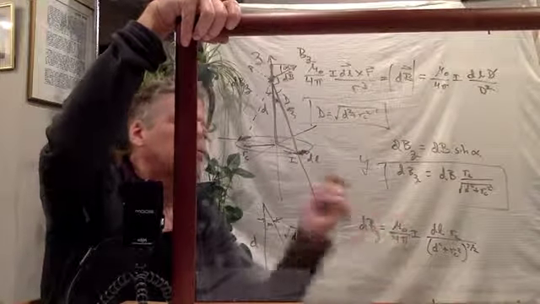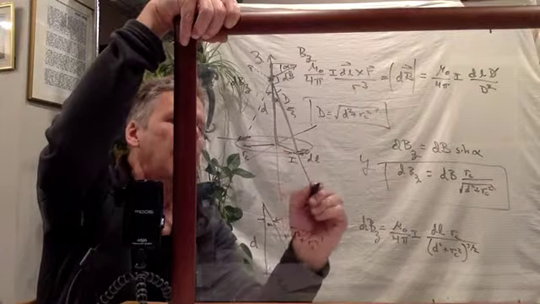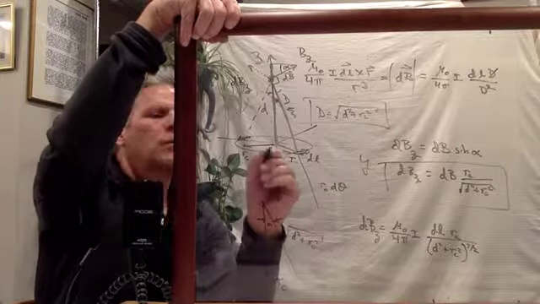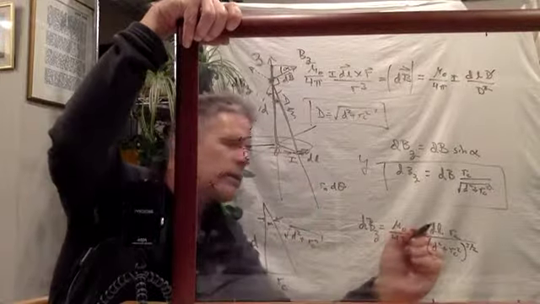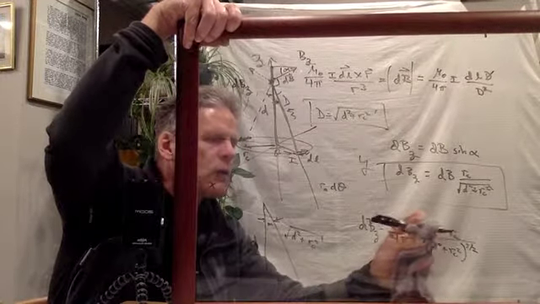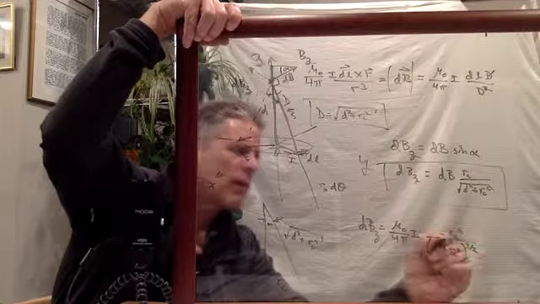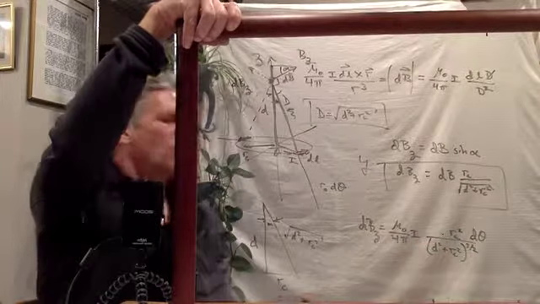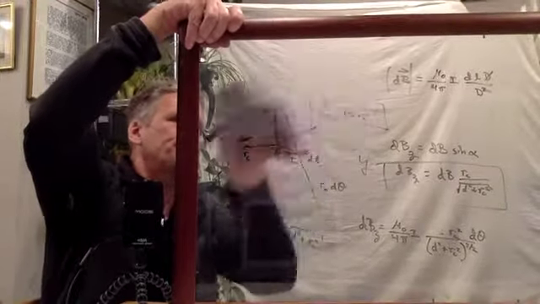Okay, so what's dl? Well, a more convenient way to talk about this dl would be as r sub c d theta, where this angle here is theta. So I now can rewrite this dl as r sub c d theta. And so what do we end up with? I am now going to erase all this stuff.